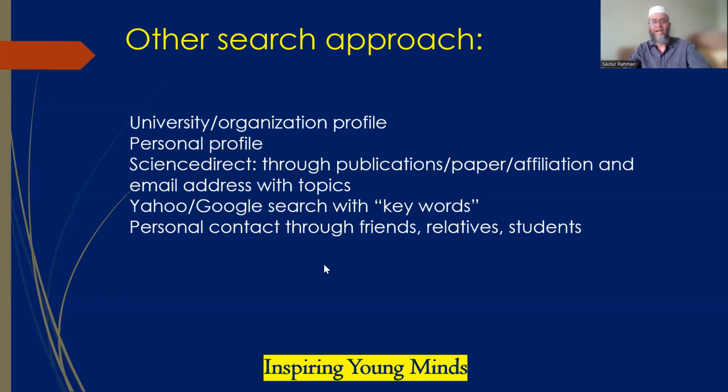Personal contact through friends, relatives, and students. As I mentioned, when you get the email address, you can contact by that email, so communication skill is also very important. Most importantly, other than all those approaches, if your friend is working with certain supervisors or professors, you can make a link through your friend to that supervisor. Maybe relatives or students working there.